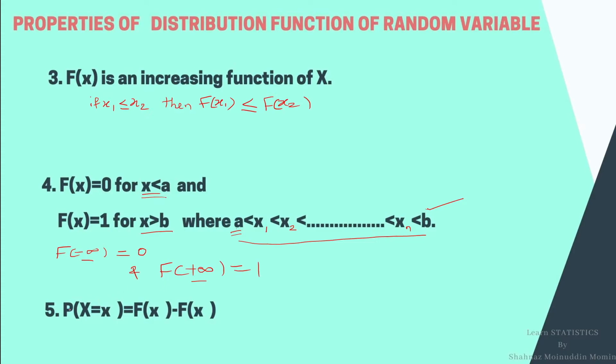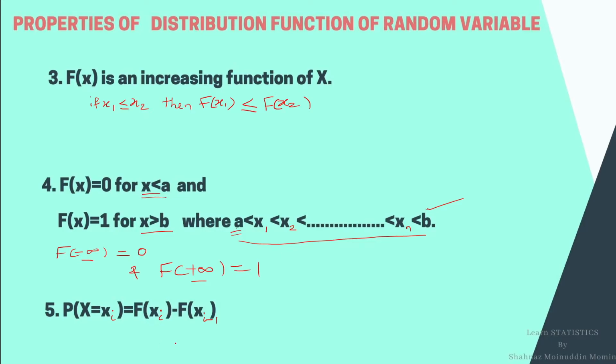The next property is probability of, suppose x equal to xi is f of xi minus f of xi minus 1. Since we get CDF by successive adding of PMF, the PMF of a random variable x is obtained by subtracting the consecutive values of the CDF.